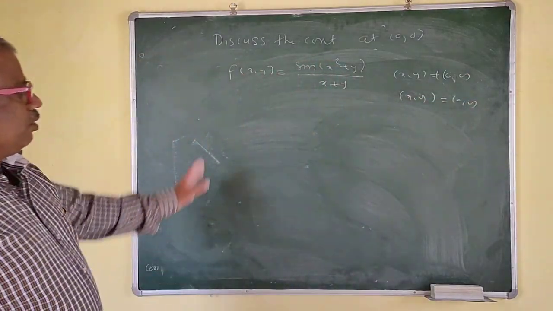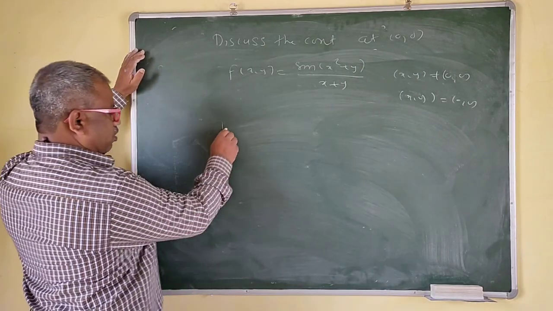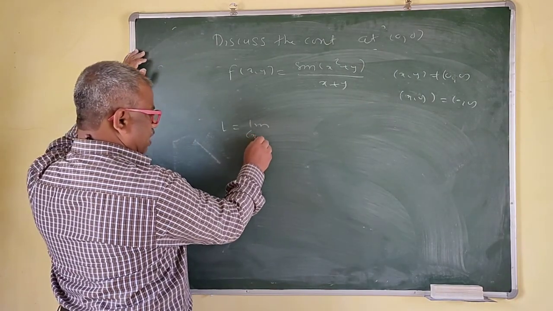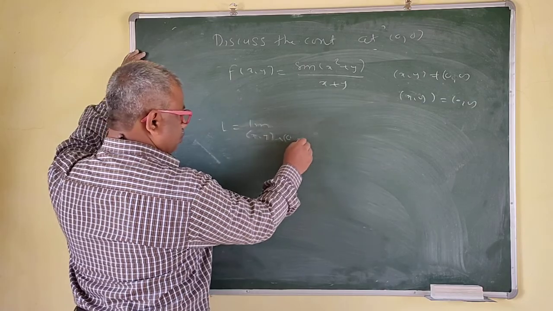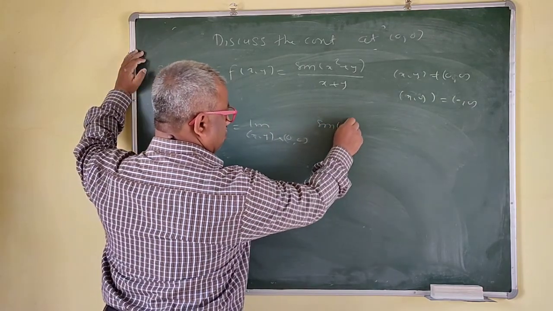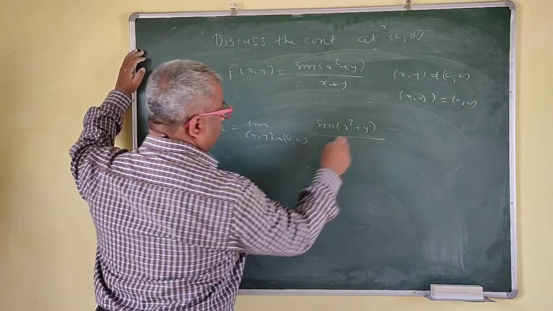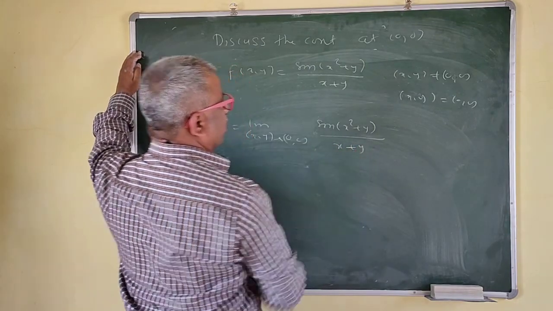Okay, so everything is the same. Just we'll try for the limit now. Limit xy tends to 0 0 of sin of x square plus y upon x plus y.